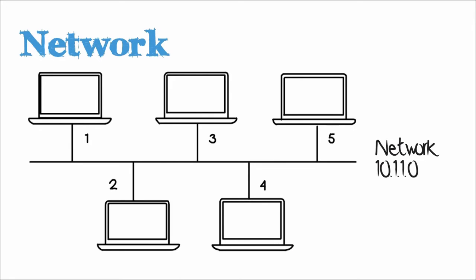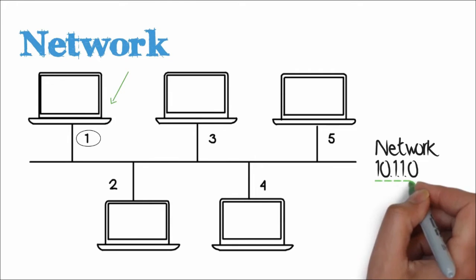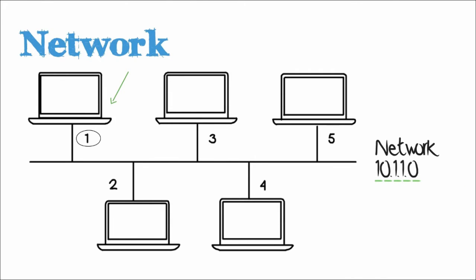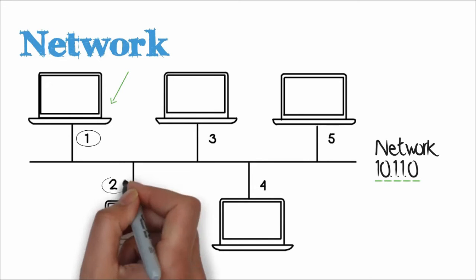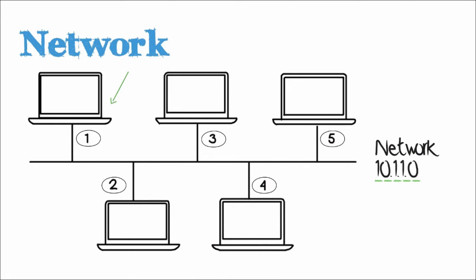Host addresses such as 1, in this example, identify individual devices on that network. So 1 identifies this PC on network 10.1.1.0. Each device on this network has a unique number. So in this example, we have 5 unique devices, in the same way that in our previous analogy, we had 5 houses on Oxford Street.